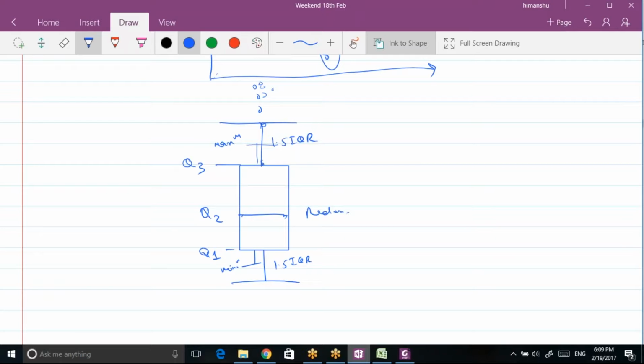That means there is no usage of whiskers if there are no outliers. Exactly. It would just show you the maximum and the minimum value. So if you don't have an outlier, then a box plot won't make a lot of sense because you cannot find the extreme points. Since there are no extreme points, it won't show you that.